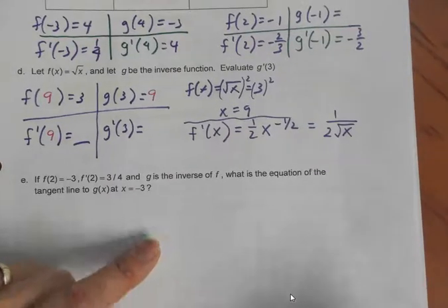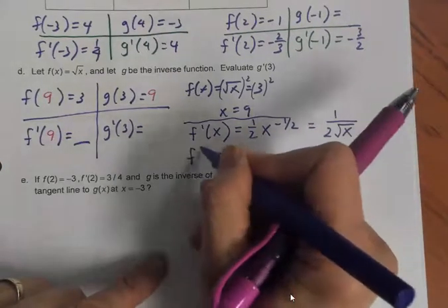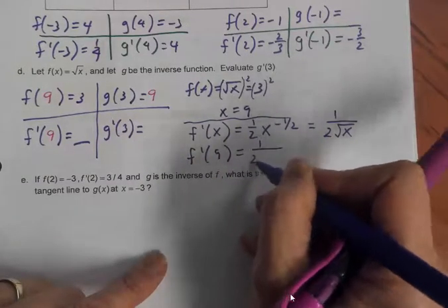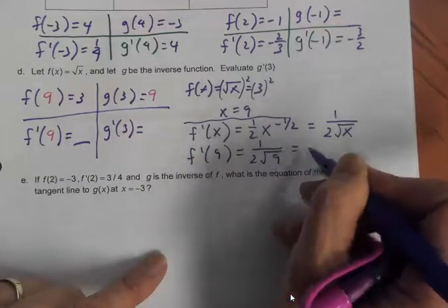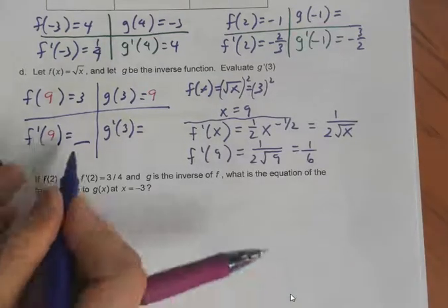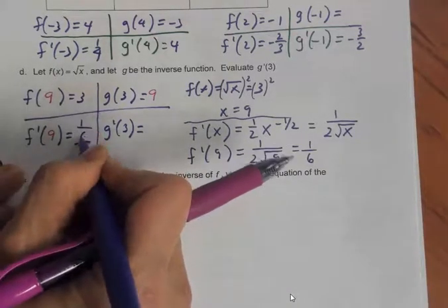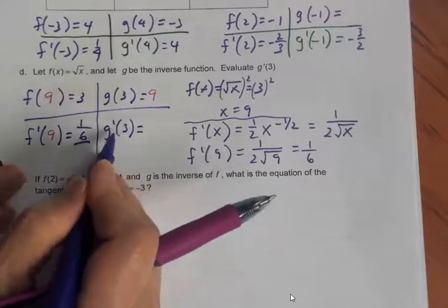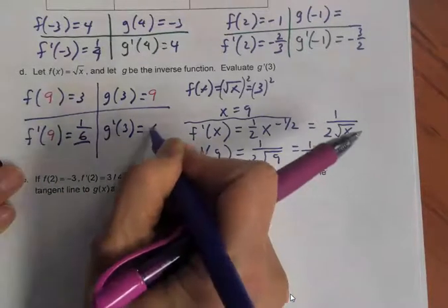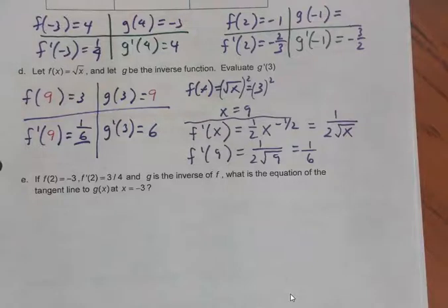Now I'm going to put in 9. What is f prime of 9? That's going to be 1/2 times the square root of 9, which is 1/6. So 1/6 is my derivative here. Now I can fill in, what is g prime of 3? 6. Yep, 6 would be the answer there.